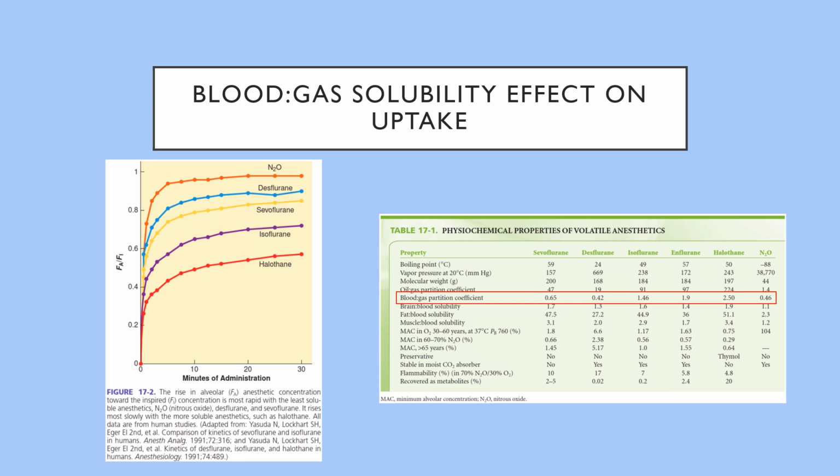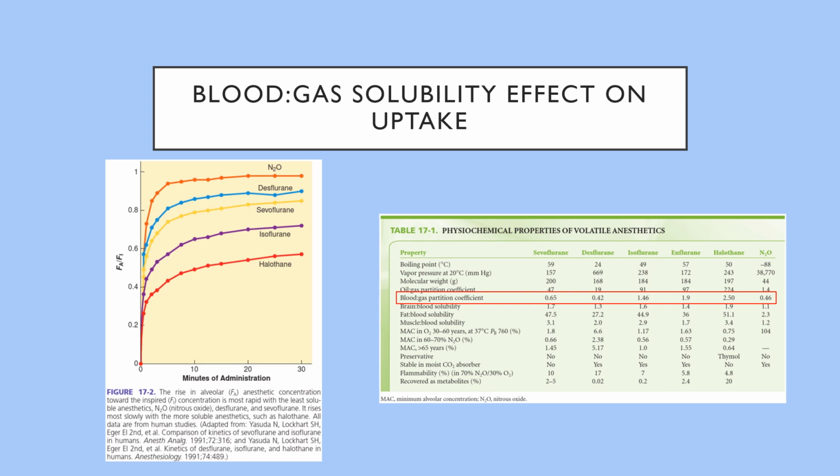Now you may notice that desflurane has the lowest blood gas partition coefficient, yet nitrous actually has a faster rate of rise of FA to FI.